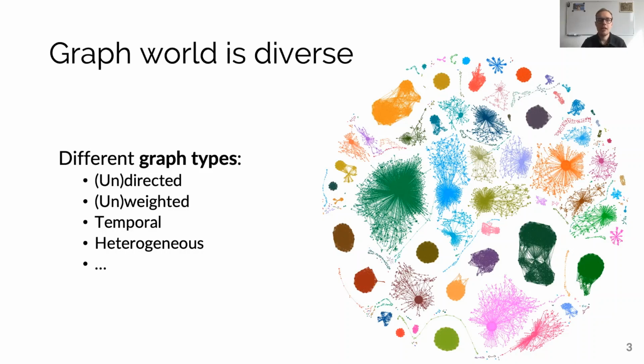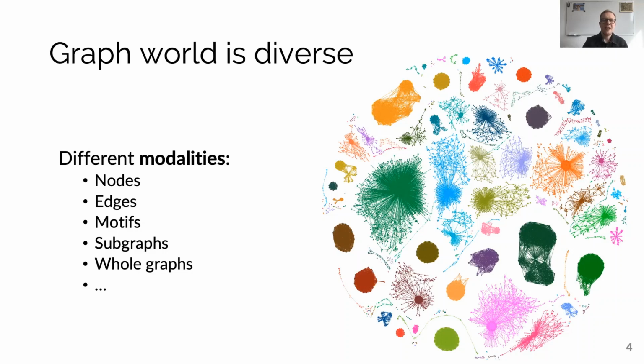They can have weights attached to them or time steps attached to them or some heterogeneous data attached to them. And this list is not exhaustive. So how can we model these things in a concise way so we don't drown in a huge number of different algorithms for very specific tasks?